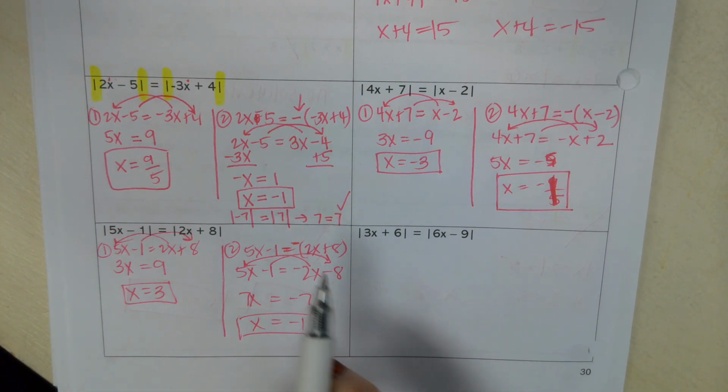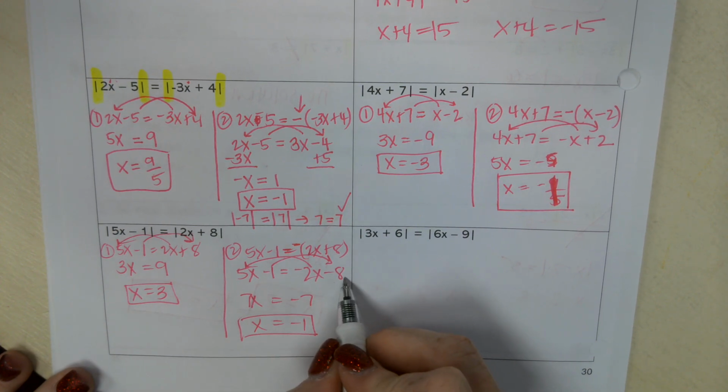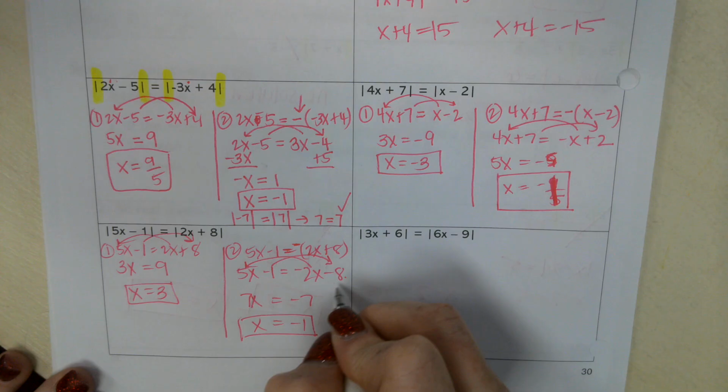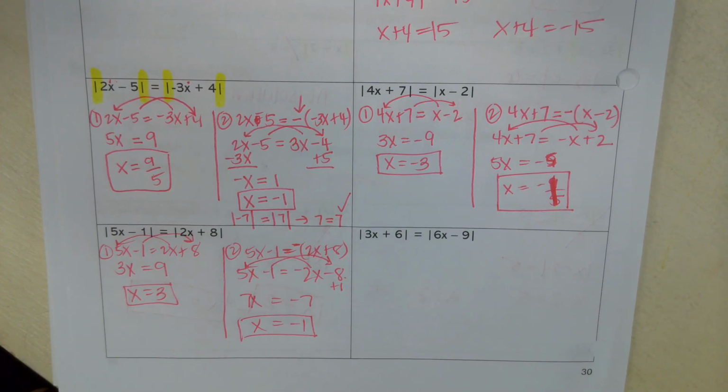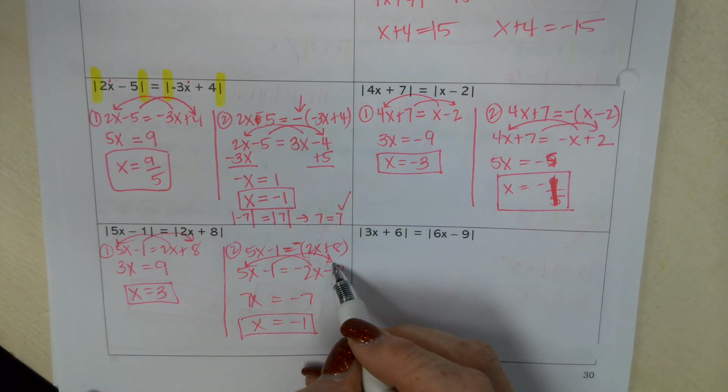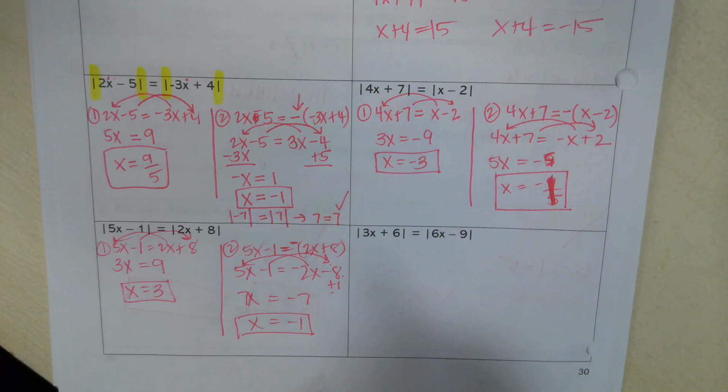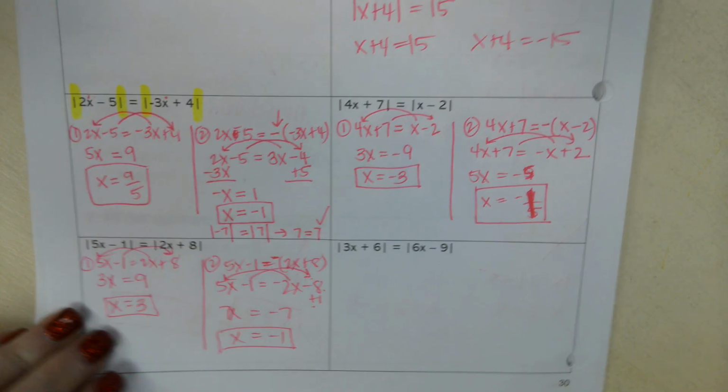You talking about this? Because if I'm $8 in debt and I only add $1 to my checking account, that's not getting me out of debt just yet. So it's still negative. But when you add it to the other side, to move it, you got to do the opposite.